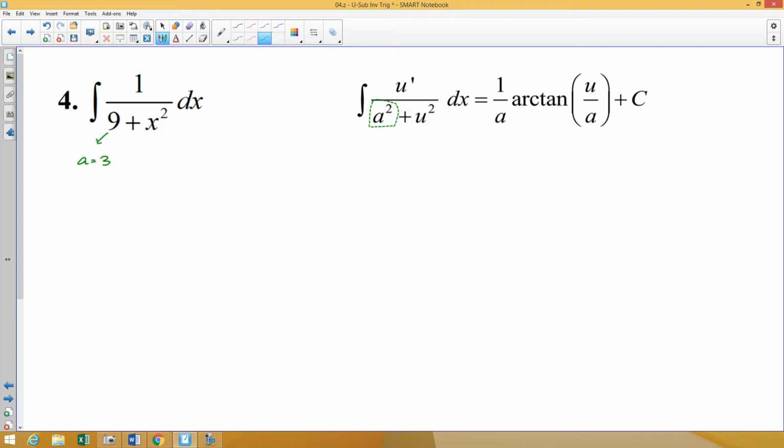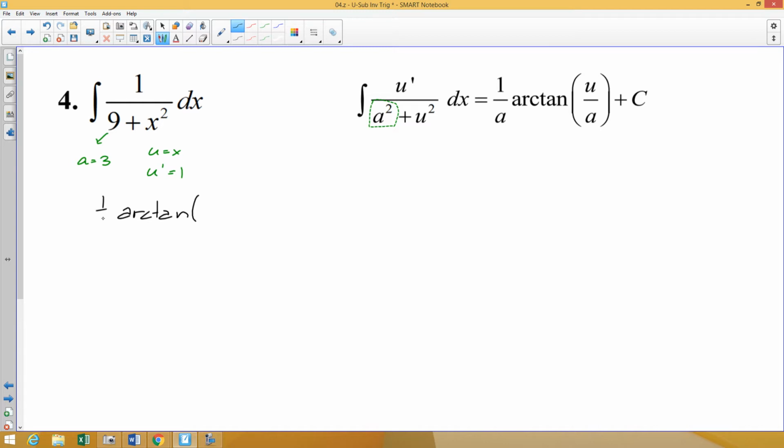My u prime, if I let u equal x, u prime is 1. And so I have my u prime over 9 plus u squared, and this one is about as clean a problem as you can come up with that involves those a's. This one is almost arctangent, so it will be the arctangent of u, but my a is 3, so it's going to be 1 over 3.